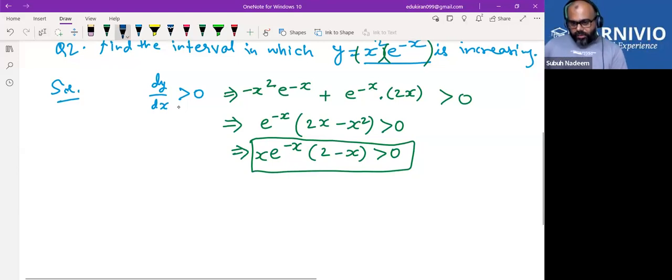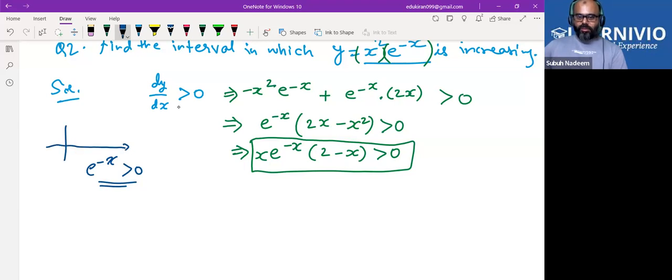So if you see this e to the power minus x, it is always greater than 0 because it is an exponential function. Its graph is like this. This is the graph of e to the power minus x. It is always greater than 0.